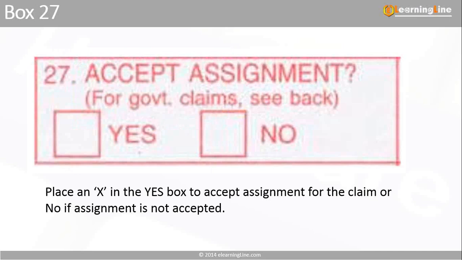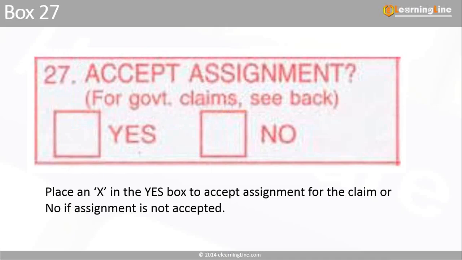Then you have the accept assignment. What does it mean? Place an X in the yes box to accept assignment for the claim, or no if the assignment is not accepted. Make a note of it.